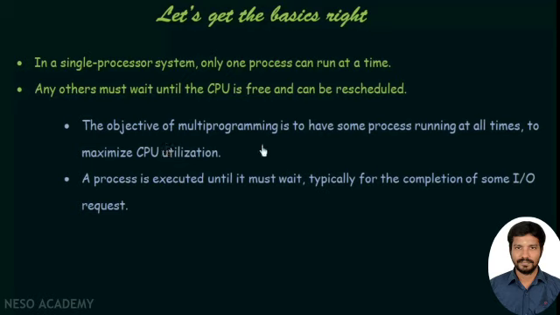The objective of multi-programming is to have some process running at all times to maximize CPU utilization. We want some process to be running at all times so that the CPU is always utilized by some process. A process is executed until it must wait, typically for the completion of some I/O request. Let's say a process is using the CPU and being executed.